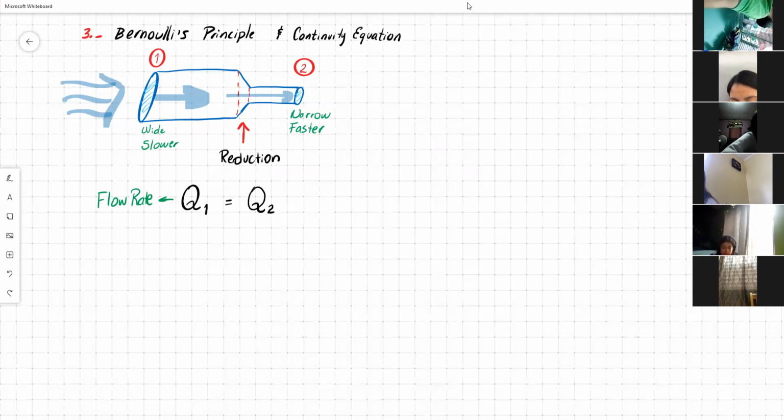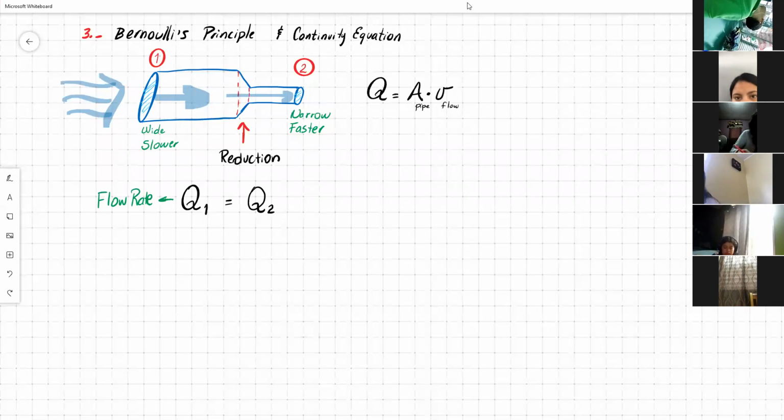So I'm going to replace the flow rate by its definition. Flow rate can be calculated as the area of the pipe times the velocity of the flow. So, area times velocity.